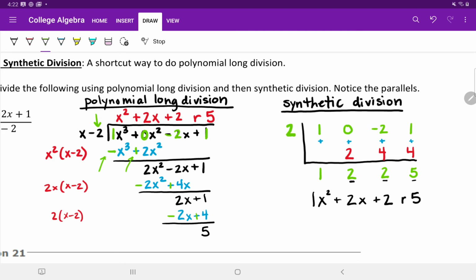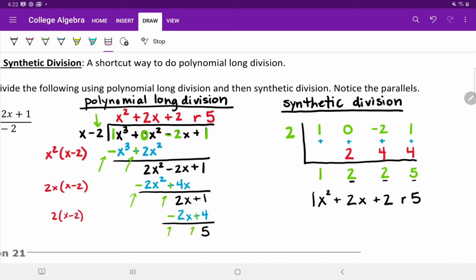Synthetic division takes care of that by the fact that it changes the sign of this number. So every time we multiply, instead of multiplying by a -2, we're multiplying by a +2, and that'll change the sign of everything for us. So we don't have to do the step here where we're changing the signs every time. It cuts out that step, so that's convenient.